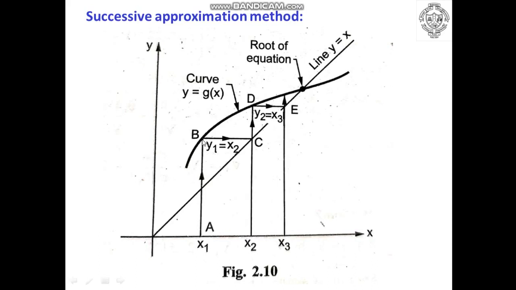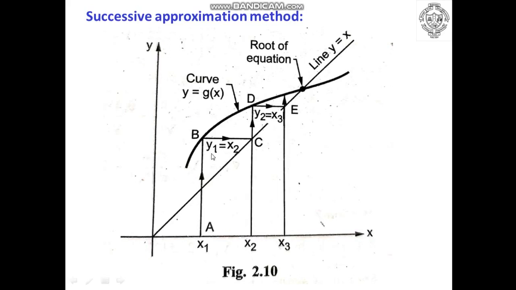When I draw a straight line inclined at 90 degrees at point B, you will get this line, which will intersect the straight line at point C. If you observe, the point C and its projection on the x-axis is nothing but x2. That is why I write y1 is equal to x2, because the magnitude of B and C is the same.